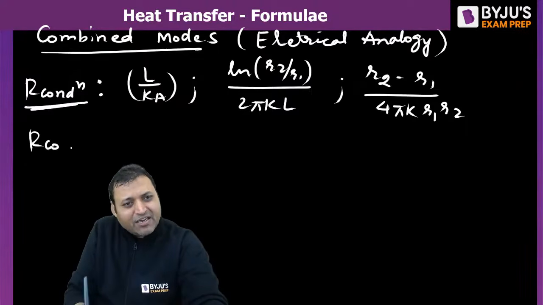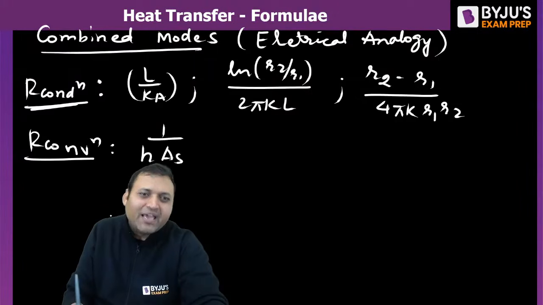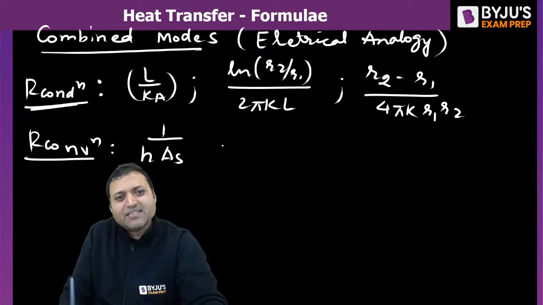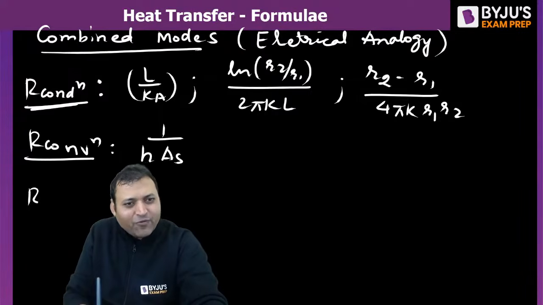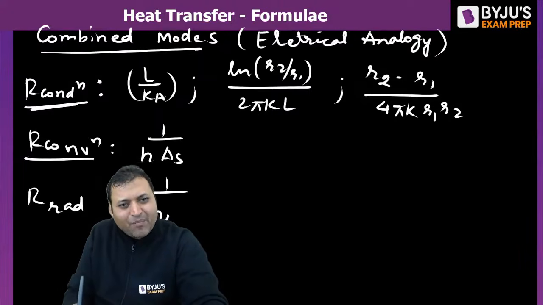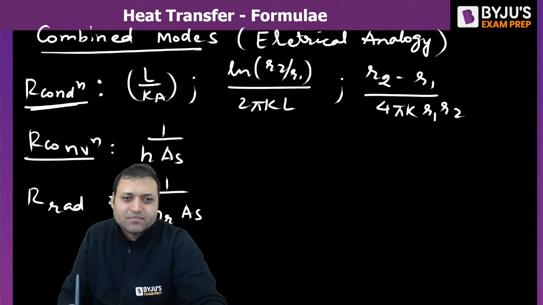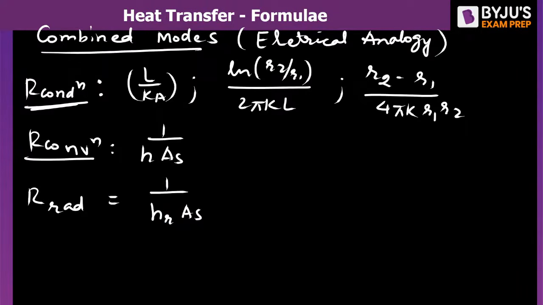And for convection, the thermal resistance is given by 1 upon H into AS, where H is the convective heat transfer coefficient. And for radiation, the thermal resistance is given by 1 upon HR into AS. What is HR here?